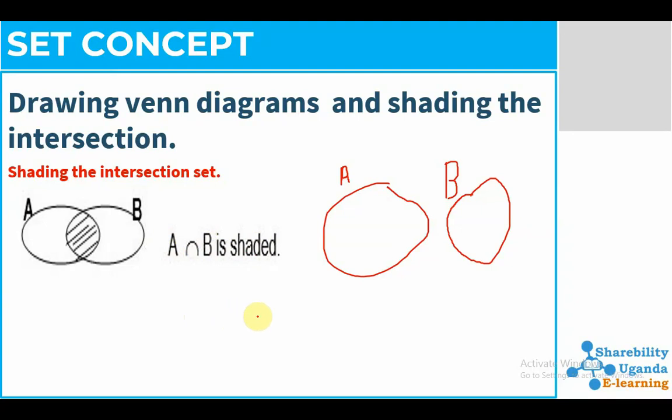An example in combining them, this is very simple, anyone can do it. You can see that is our set A and this is our set B. By combining them in this way, we can say that this is our shaded region that represents the intersection.